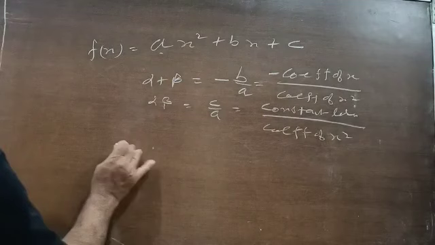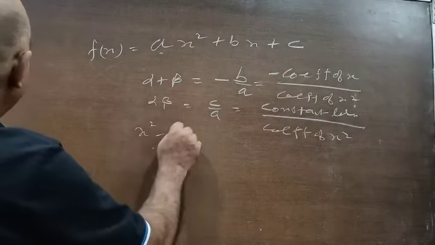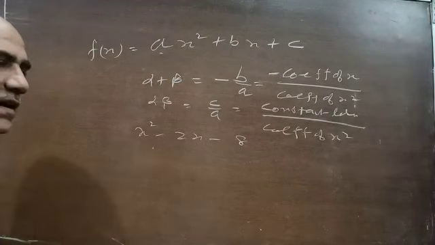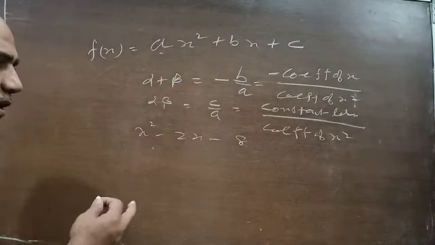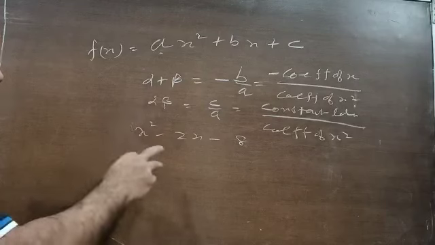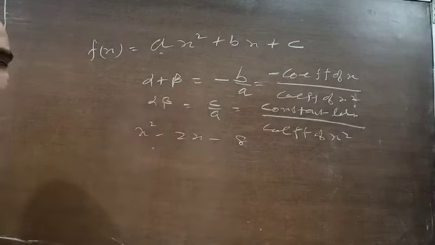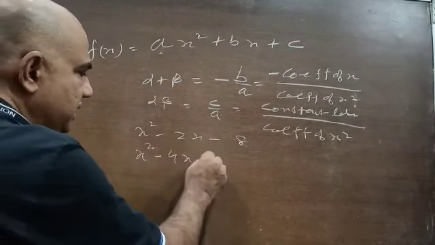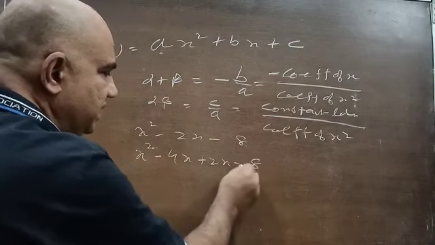Now we will look at a question, x square minus 2x minus 8. If we want to find the zeros of this polynomial, and also see whether the relation of the zeros satisfies the given condition, I can write it like this: x square minus 4x plus 2x minus 8.